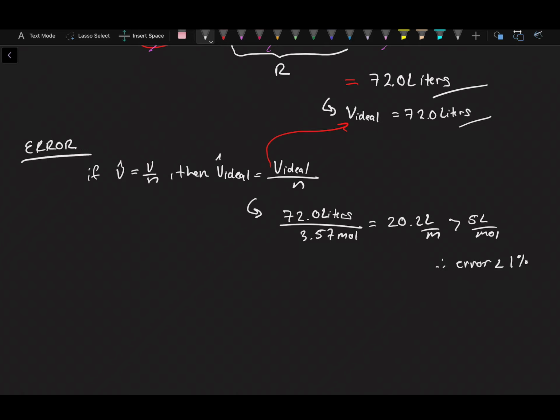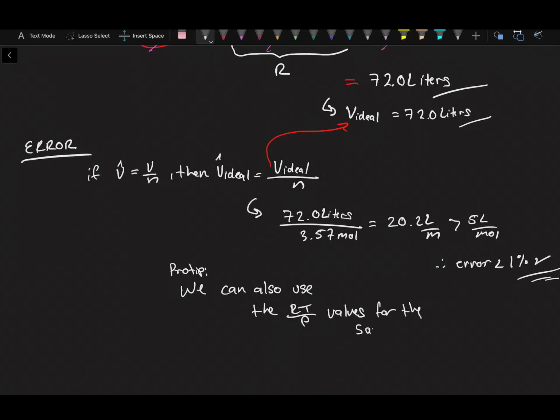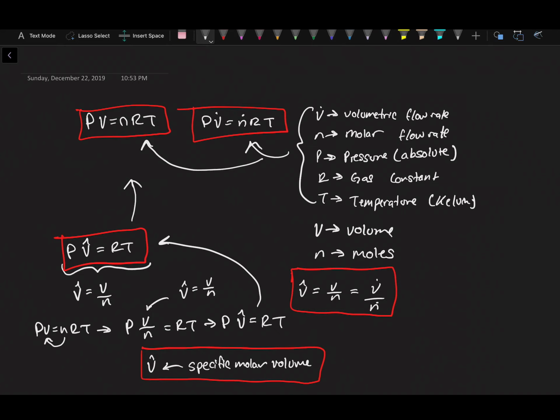And that's a very good thing. Pro tip, we can also use the RT over P values for the same answer, 20.2 liters per mole.